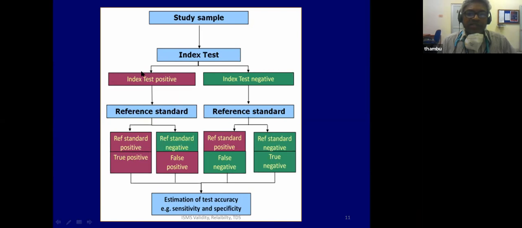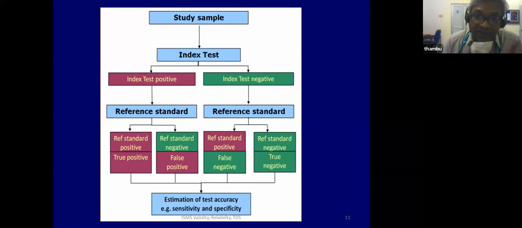But if the index test is positive, then you say this is a false positive. And similarly, if the index test is negative and the reference standard is negative, you are happy. If the index test is negative, but the reference standard is positive, you say it's a false negative, and you estimate accuracy, sensitivity, specificity. This is about the validity of a test, different from reliability.